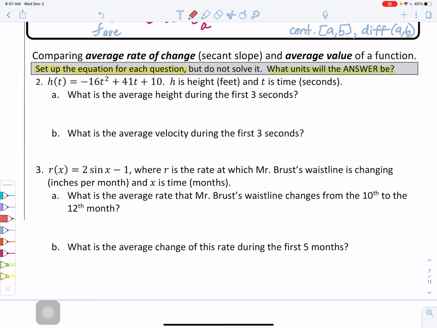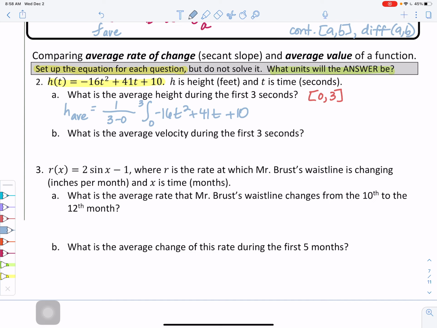Okay, what is the average height during the first 3 seconds? So the thing you need to know is we're on the interval from 0 to 3, and here is our function. So the average height, h average, is equal to 1 over 3 minus 0 multiplied by the integral from 0 to 3 of negative 16t squared plus 41t plus 10.